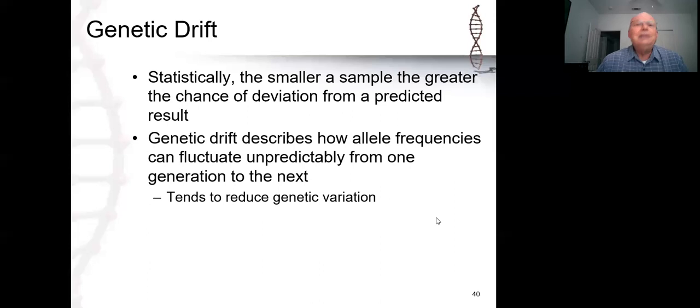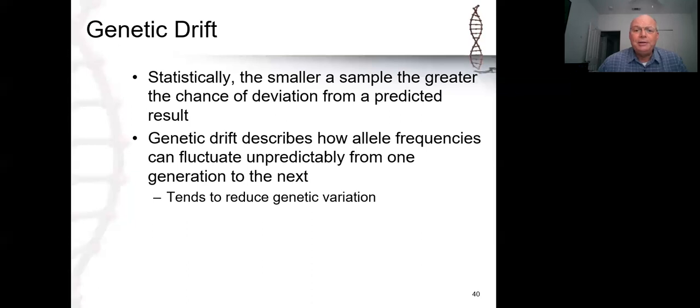Genetic drift is much more difficult to understand, and it's very easy to confuse it with gene flow. But in genetic drift, there are fluctuations or changes in allele frequencies due to natural events that occur so frequently or so quickly that it is impossible for the population to adapt to it.